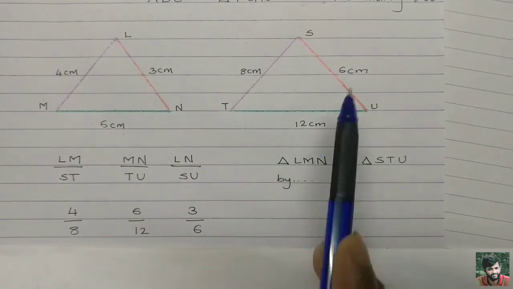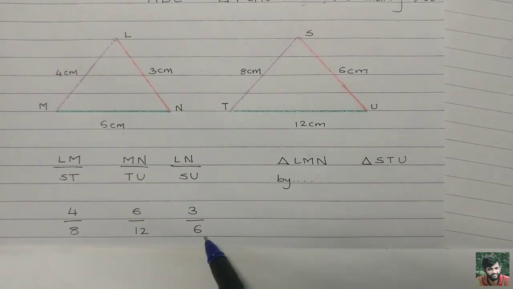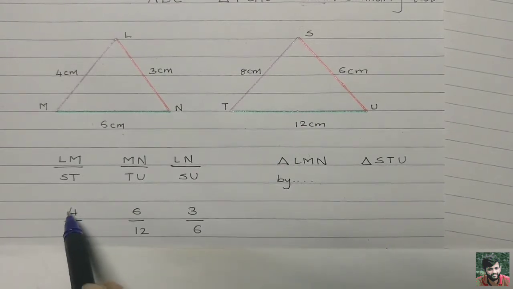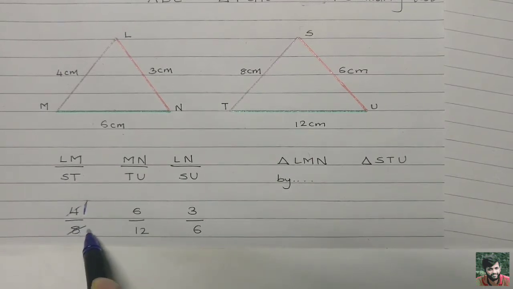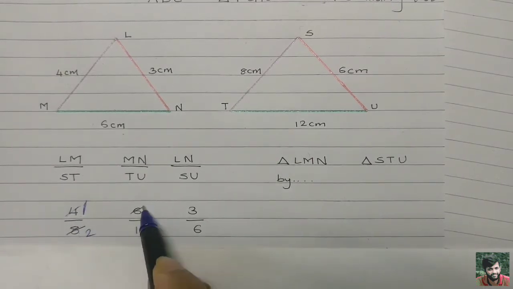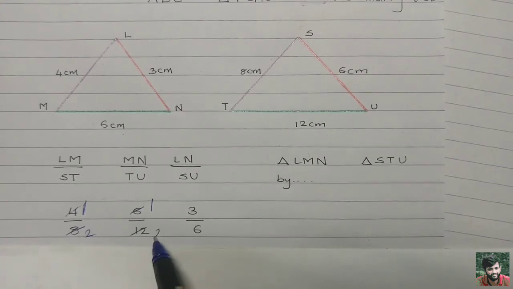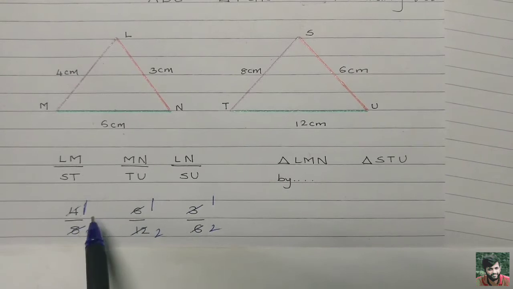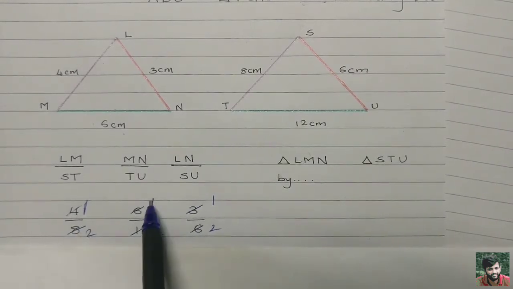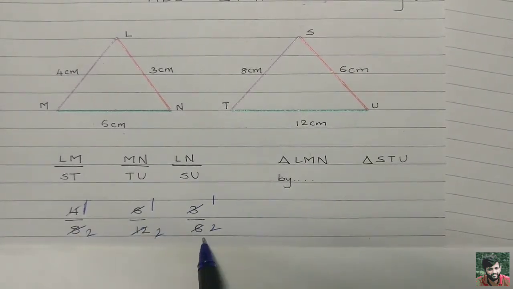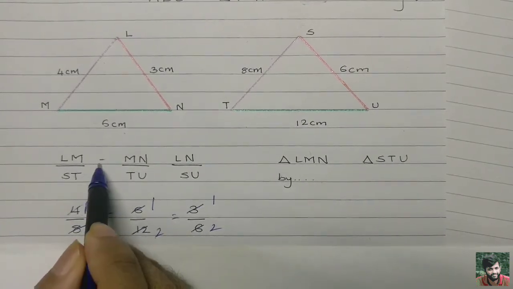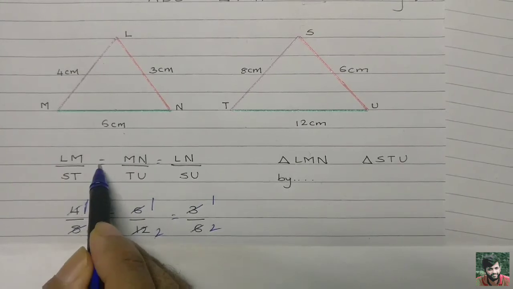LN is 3 and SU is 6. Now take a look carefully. 4 ones are 4, 4 twos are 8. 6 ones are 6, 6 twos are 12, 3 ones are 3, 3 twos are 6. Now if you look, this is 1 upon 2, this is also 1 upon 2, this is also 1 upon 2, which means I can write an equal to sign over here. Same way I can write an equal to sign over here, right?